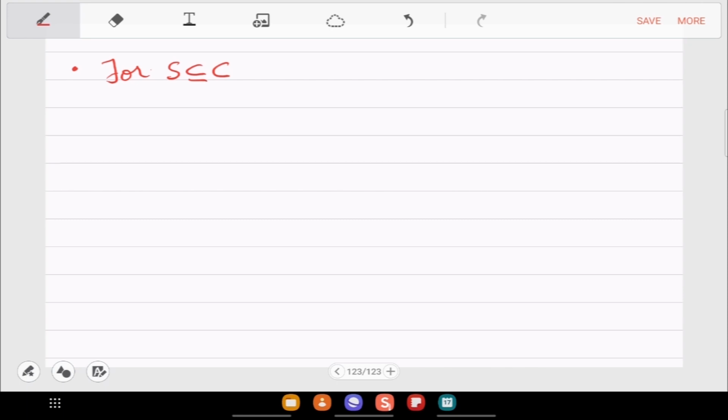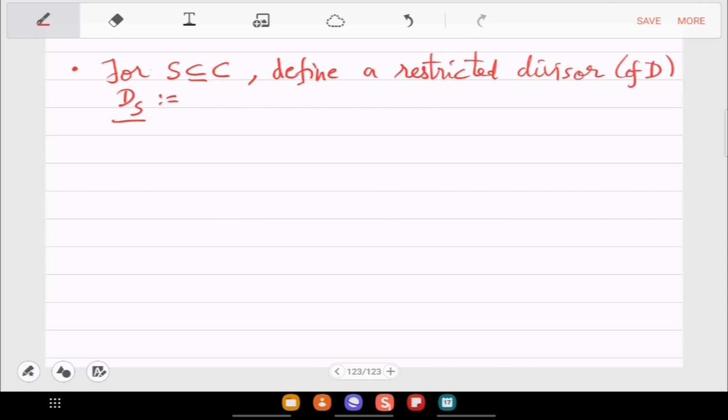For any subset of points S, define a restricted divisor D_S, where we are thinking of some divisor D. The restriction of a divisor D with respect to S is just restricting to the points in S. So instead of going over all the points which appear in the support of divisor D, you restrict to the ones which are in this set S. This is called a restriction of a divisor by a subset of points.